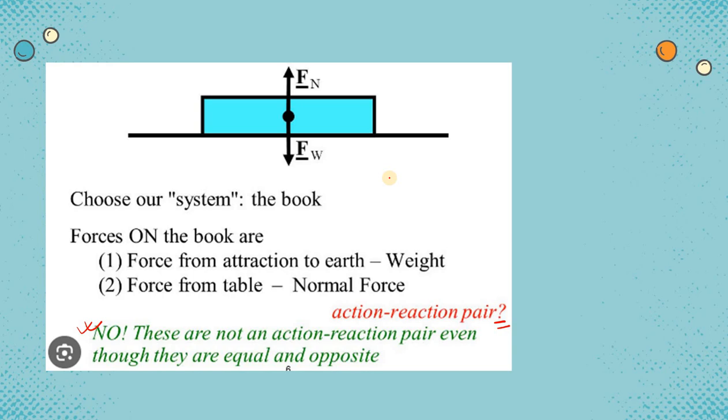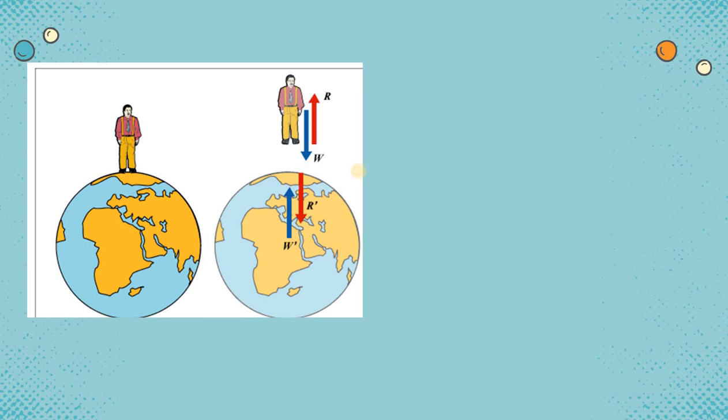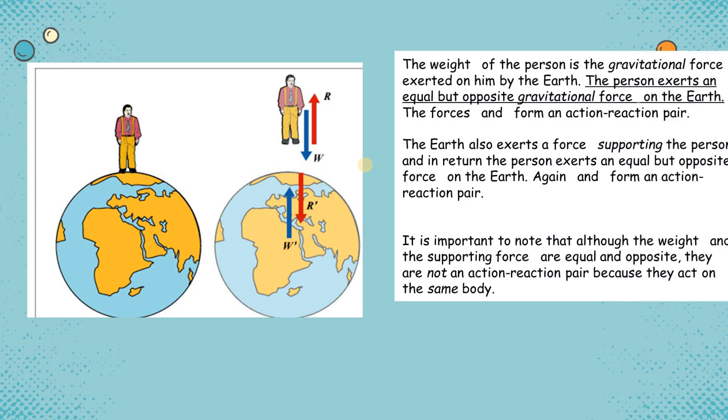So let's understand the meaning of weight. When you say weight, what does it mean? Weight is basically a force driven by the earth's gravity. It means we are attracted towards the center of the earth. So weight is a force which acts because of the earth.